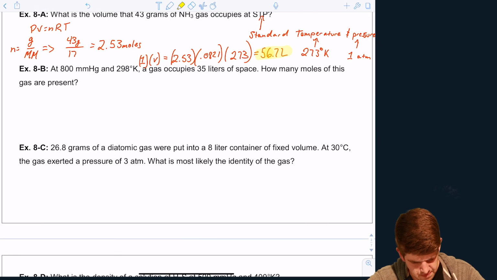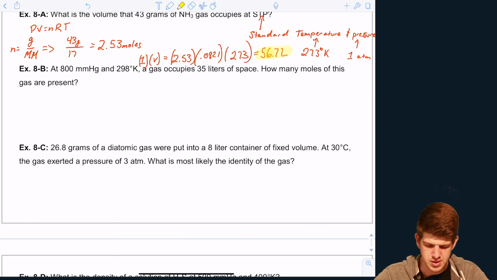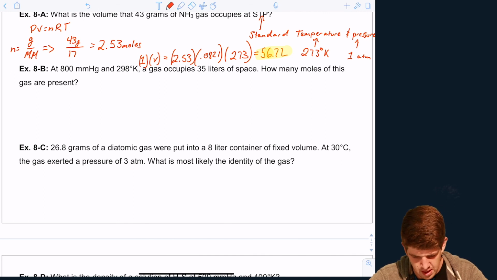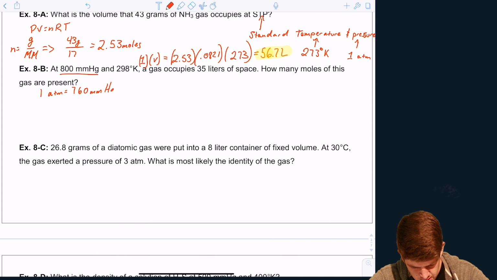All right. Moving on. At 800 millimeters mercury and 298 degrees Kelvin, a gas occupies 35 liters of space. How many moles of this gas are present? Great. Any conversions we need to do? Pressure is not in atmospheres, and 1 atmosphere is equal to 760 millimeters mercury.